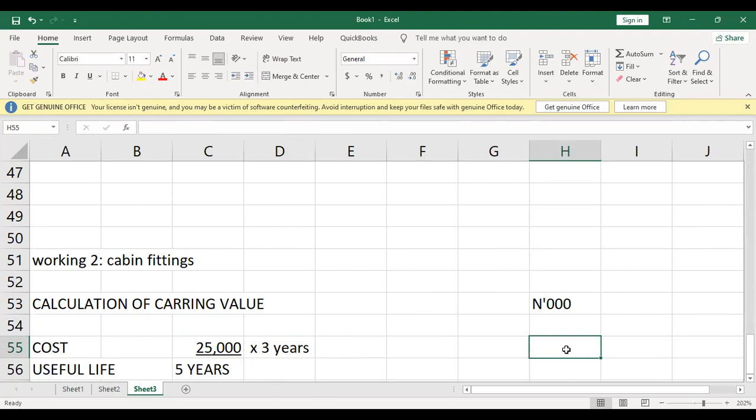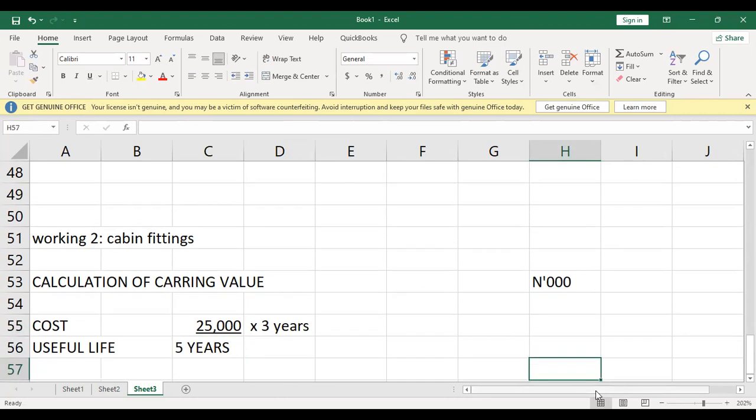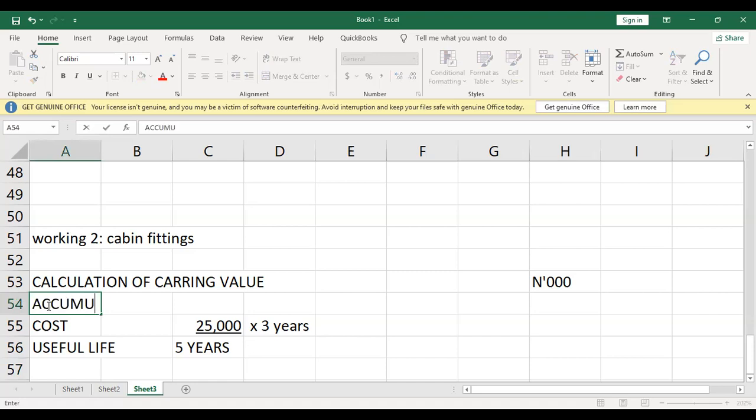What's the accumulated depreciation? 15 million. Okay, we have 15 million.